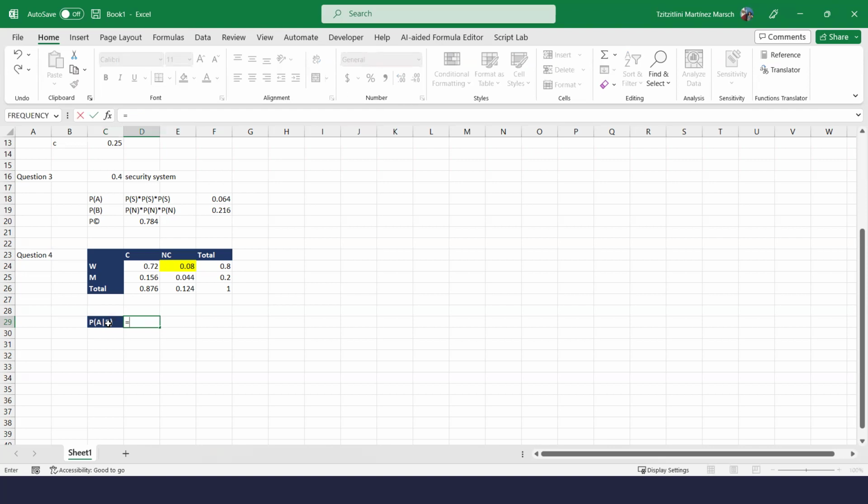So the probability of A intersect B, what would be that? Remember, you attended college and you're a woman, so it's in this area, that intersect.